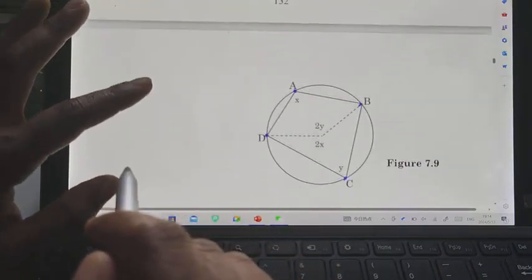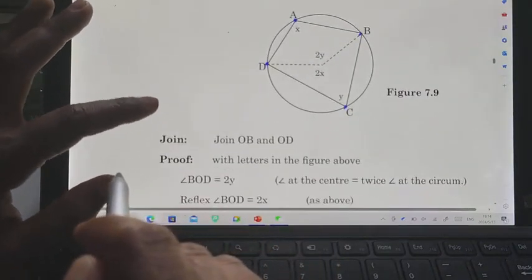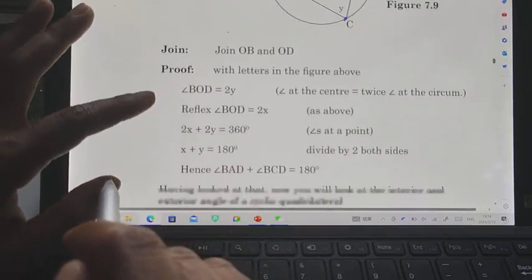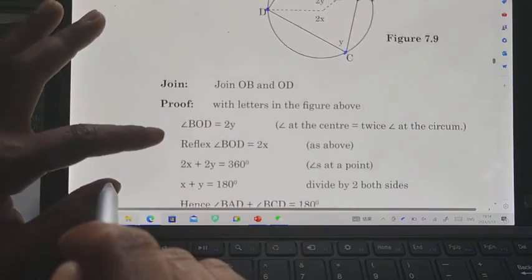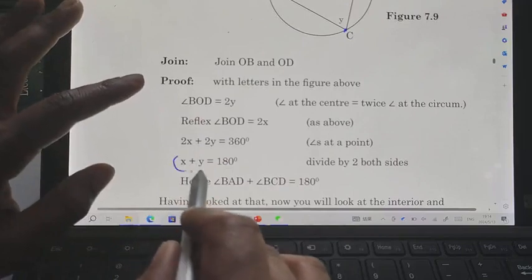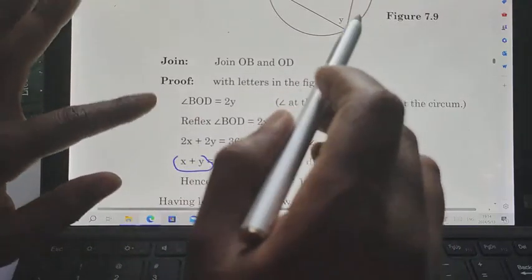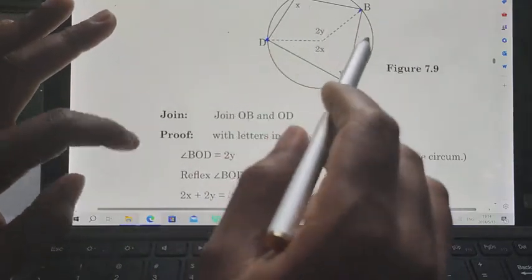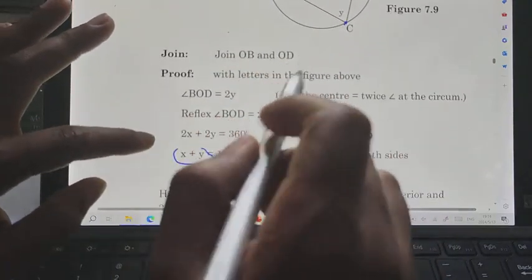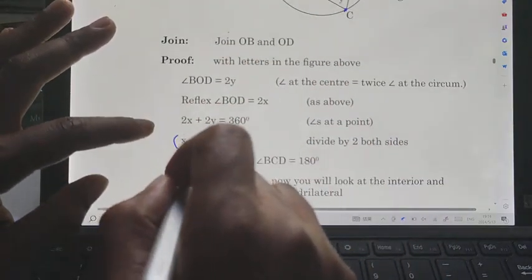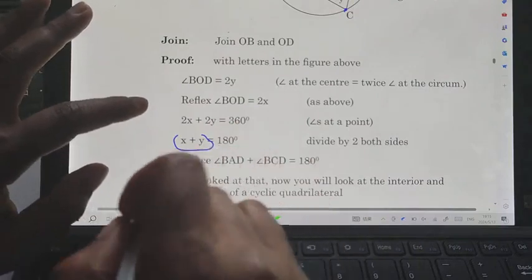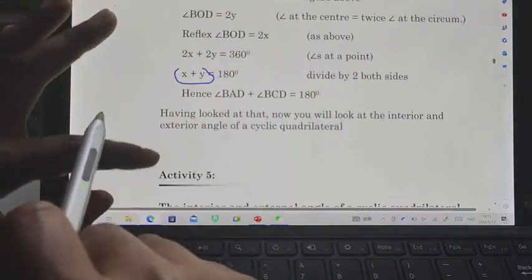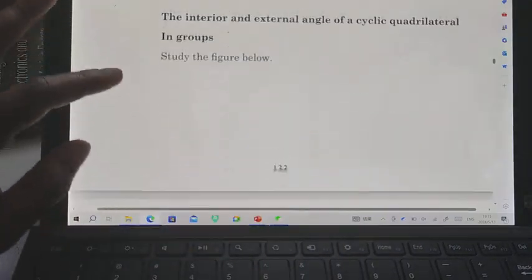That's opposite angles should be equal to 180 degrees. In this case, X and Y, we had derived in the theorem that X plus Y is indeed 180 degrees. So that's the first theorem.